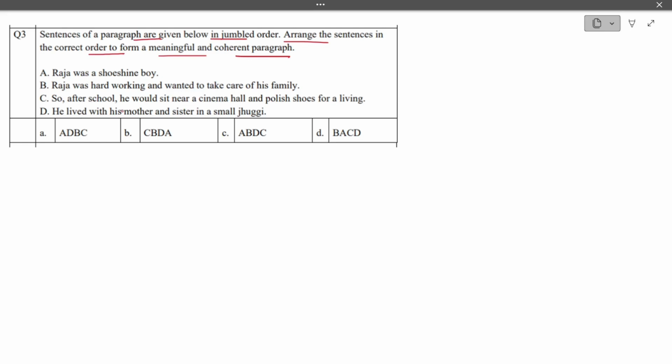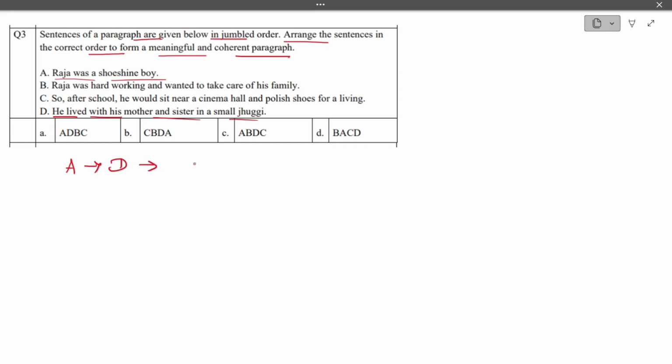See, the first thing is we are starting to talk about Raja, right? So the first sentence will be A, that is, Raja was a shoeshine boy. Then the next sentence will be about where he is living: he lived with his mother and sister in a small jhuggi. Then sentence D will come. Then what will come is sentence B, that is, Raja was hardworking and wanted to take care of his family.